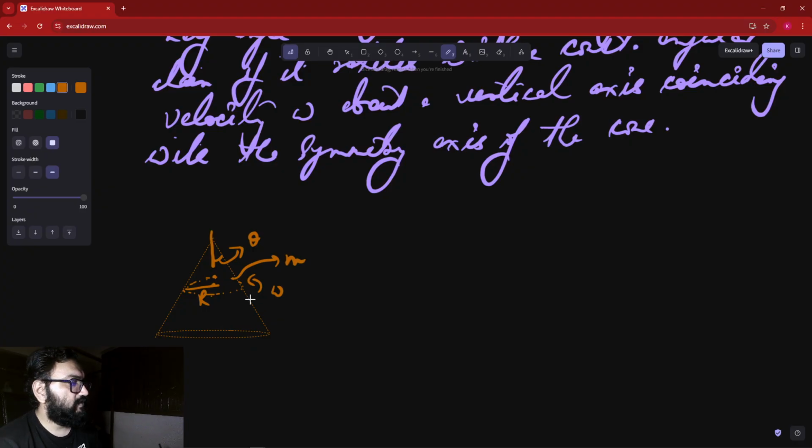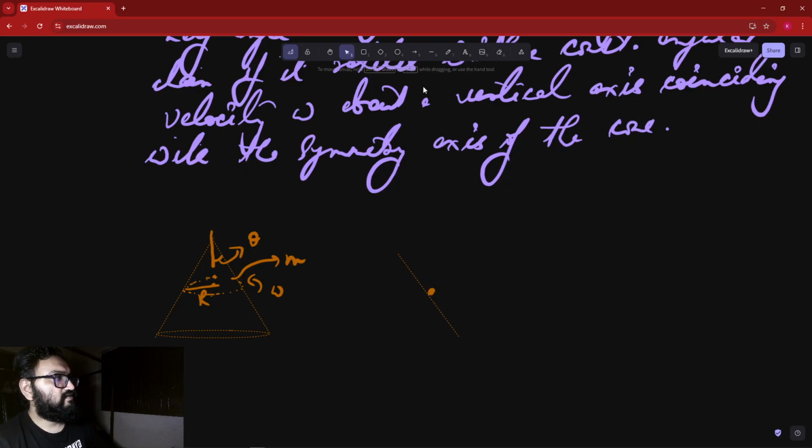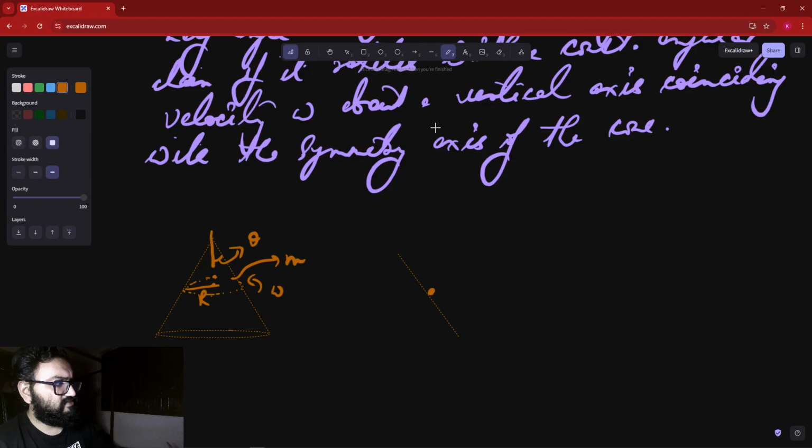So if I look at one small segment of the chain which is in contact with the surface of the cone, something like this, let's say that its mass is dm.